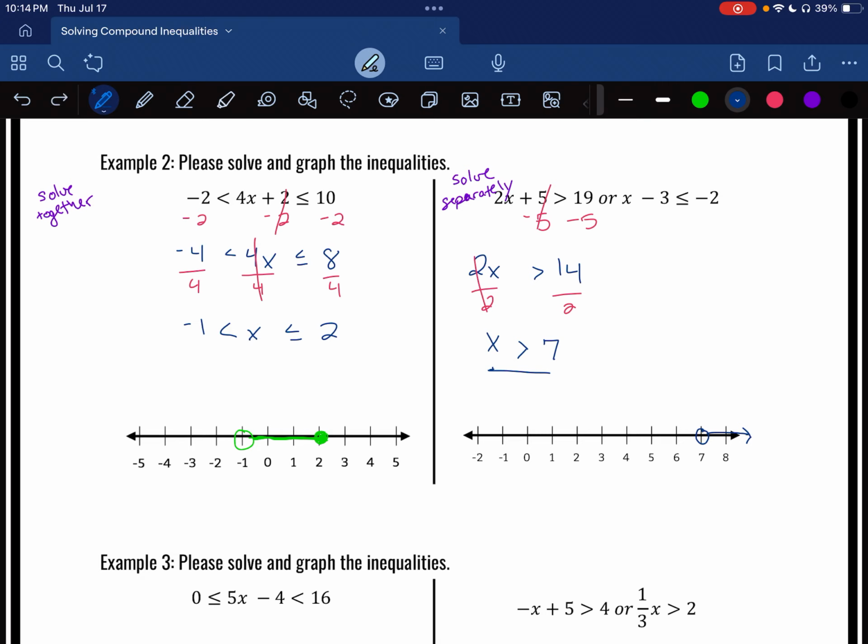I'll end up with x less than or equal to 1. And that's it. So this one I'll graph in blue just so we can see which is which. Then don't forget to put that or back in the middle of your answer, right? So x is greater than 7 or x is less than or equal to 1.